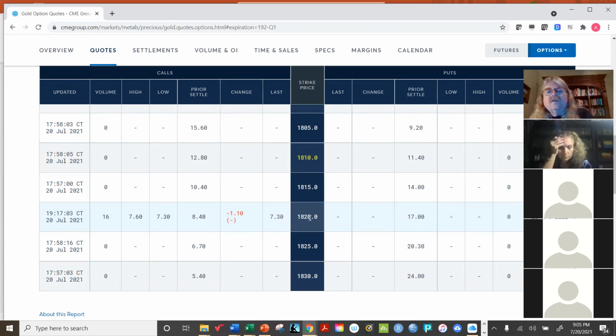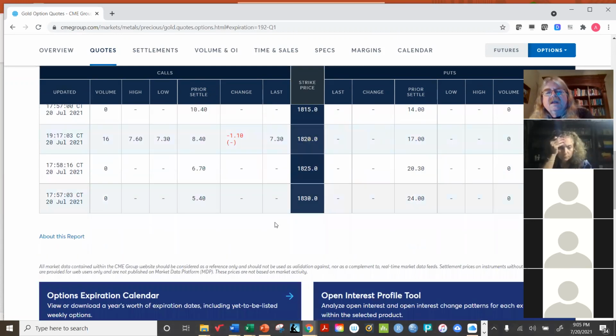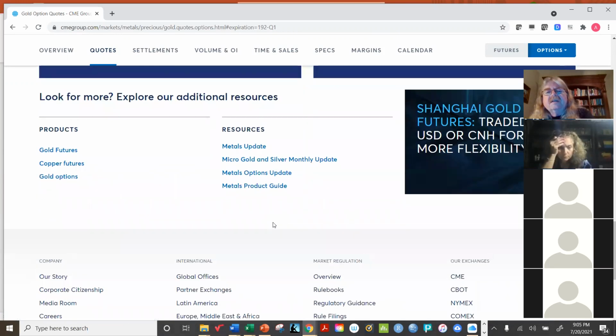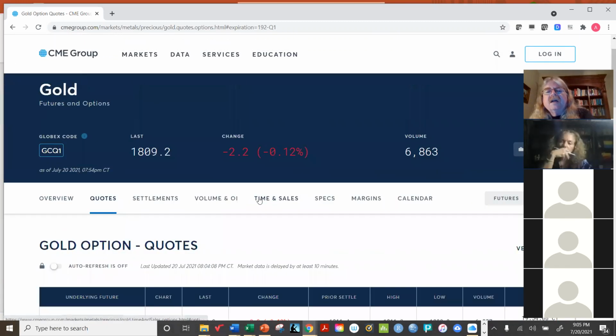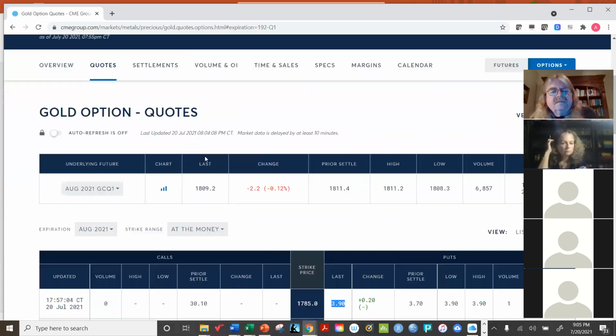Okay, the right to buy gold for $1,820 was selling for $7.30. So, see, the one thing about these options, though, is that many of them do not trade very frequently. So it's not always easy to find good market data. Not so for stocks. Stocks, everybody loves stocks, and they'll buy options and futures and everything else. Gold, maybe not so much.